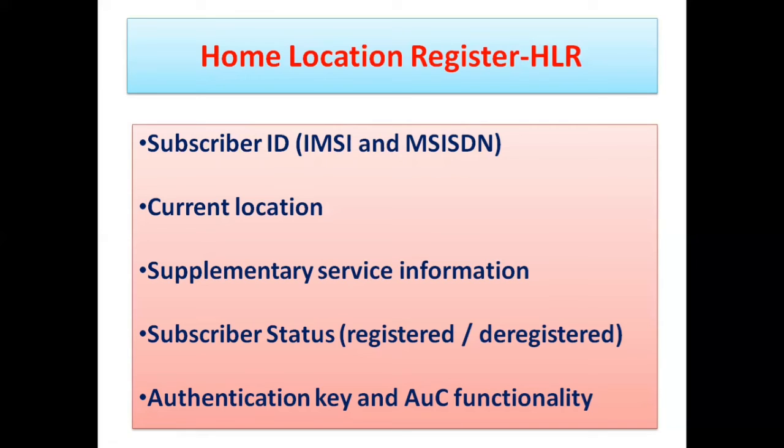But IMSI is a static number, it won't change. Whereas for ensuring security and to avoid cloning, we have a temporary mobile subscriber identity, which is used by the VLR. You can compare this IMSI and MSISDN with our internet.